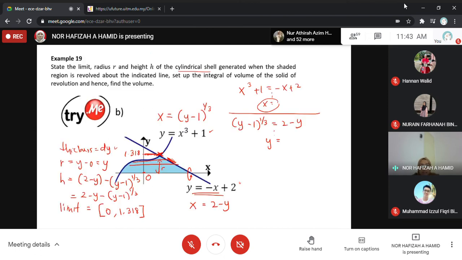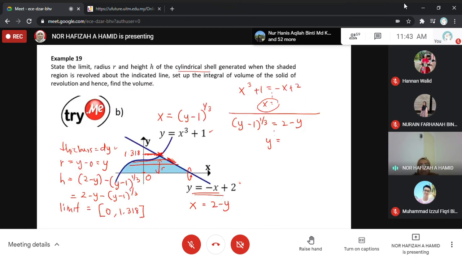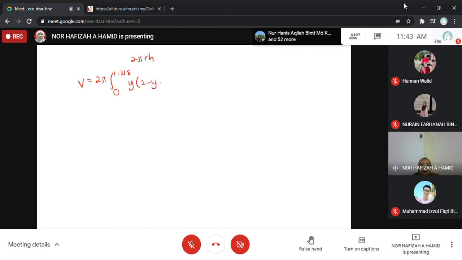And r is y, times h. h is 2 minus y minus (y minus 1) to the power 1 over 3 dy. Okay, so to solve, you expand first, 0 until 1.318. So I expand to y times (2 minus y) minus y times (y minus 1) to the power 1 over 3 dy. After you expand, then you can integrate.